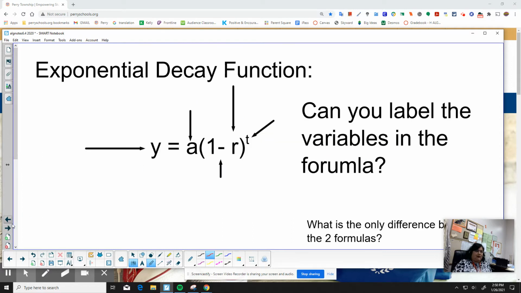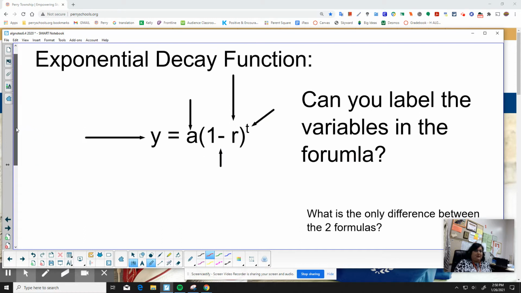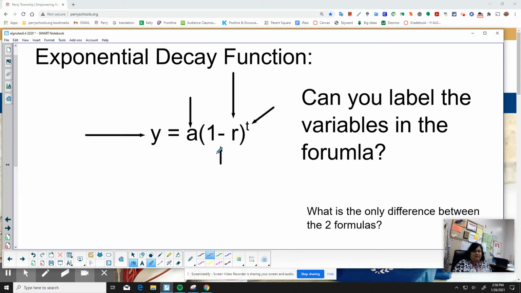All right, and so the opposite of that would be the exponential decay function. Okay, so again, Y is our final amount, just like it was for exponential growth. A is our initial amount, again, just like it was. R is our rate expressed as a decimal.